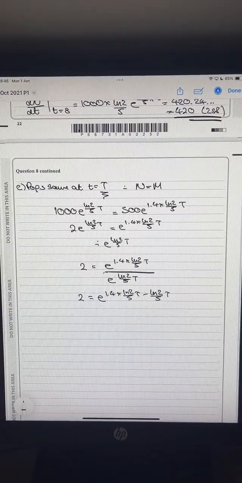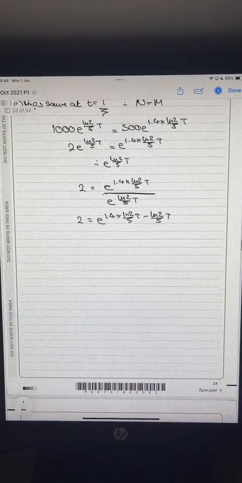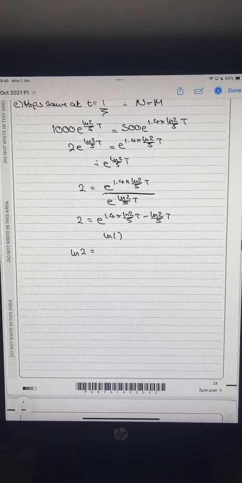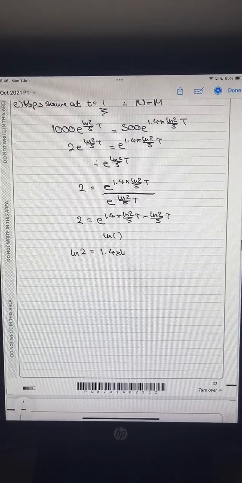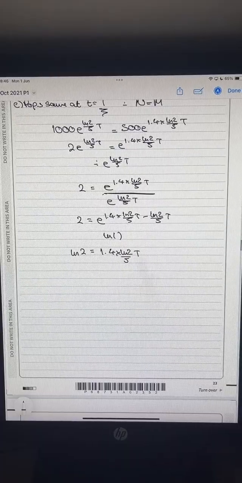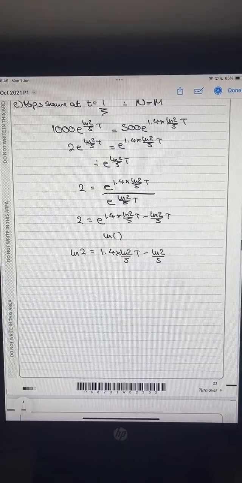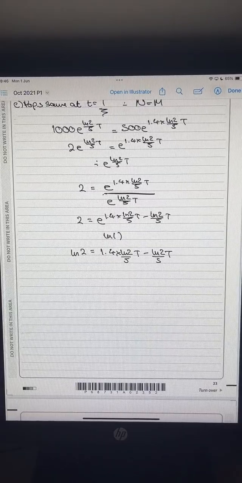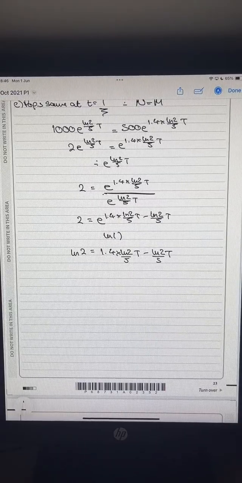And now I can easily take ln of both sides. So I have ln 2 is equal to 1.4 times ln 2 over 5t minus ln 2 over 5t. Because if I do a natural log of e to the kt, I just get kt, like I said in part A. So exactly the same rules as before. And now I'm solving for t. So I'm going to factorize out my t on my right side.